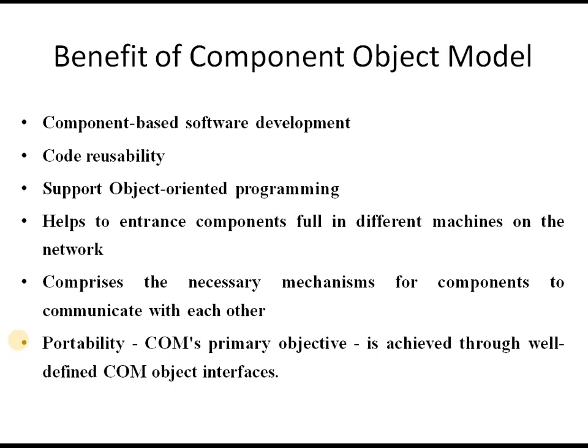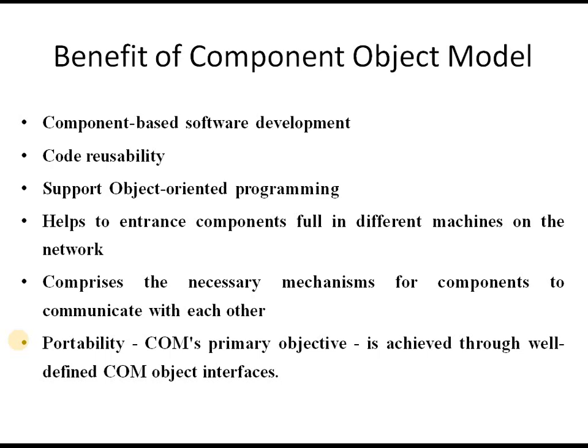Standard classes are normally used in the same application but cannot easily be used in other applications. But component object model components are designed to separate themselves from single applications and hence can be accessed elsewhere. Support for object-oriented programming.